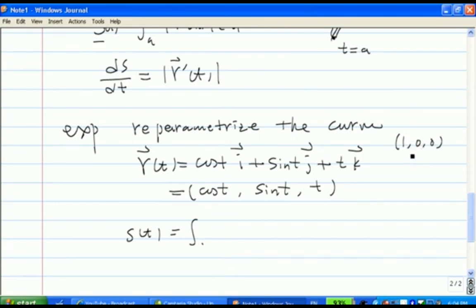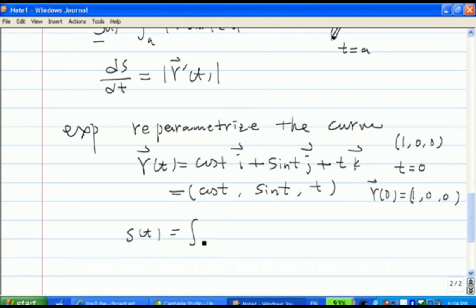When t equals what do we get this point? Obviously, when t equals 0, you plug in r of 0, and cosine 0 gives you 1, sine 0 gives you 0, and 0 gives you 0.